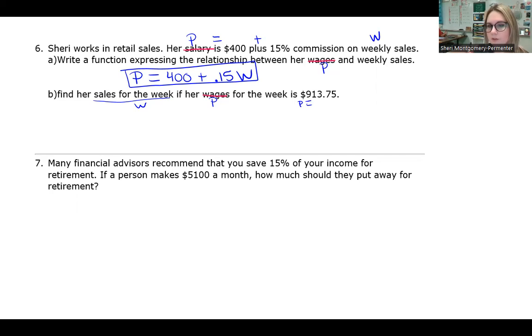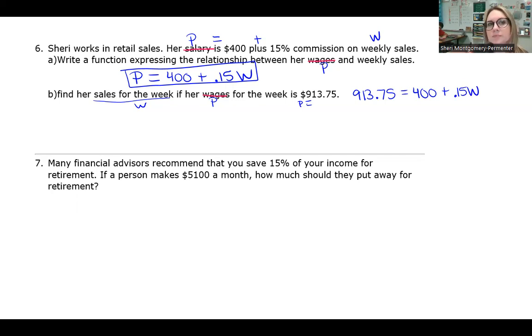So if my pay is $913.75, and that's equal to 400 plus 0.15 times my weekly sales.